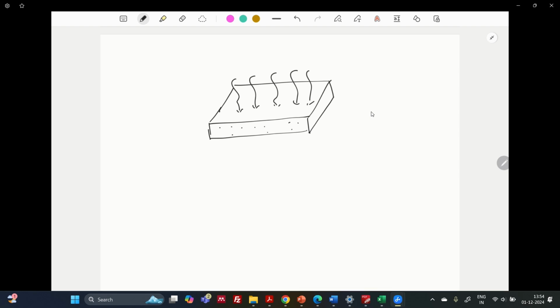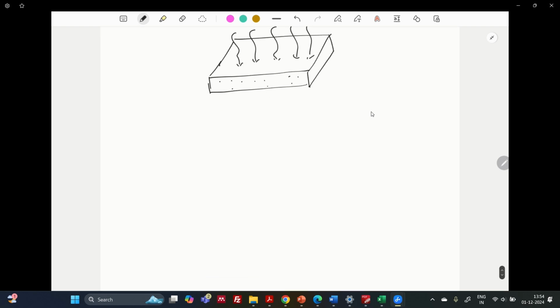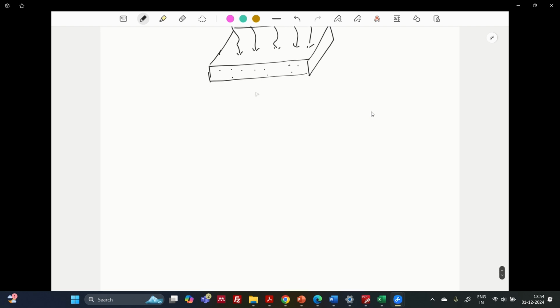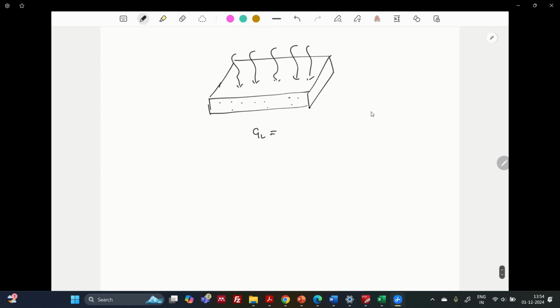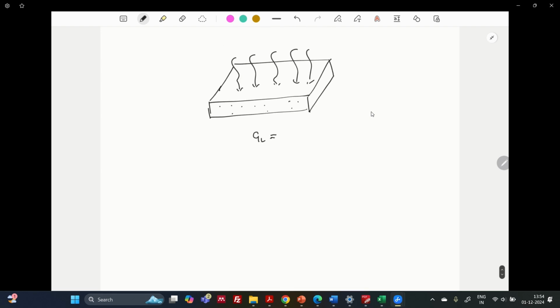The question says electron-hole pairs are created per centimeter cube per second throughout the semiconductor. It means your G_L, the rate of generation because of the light, is equal to 10 to the power 17 electrons per centimeter cube per second. So that's what you have been given.